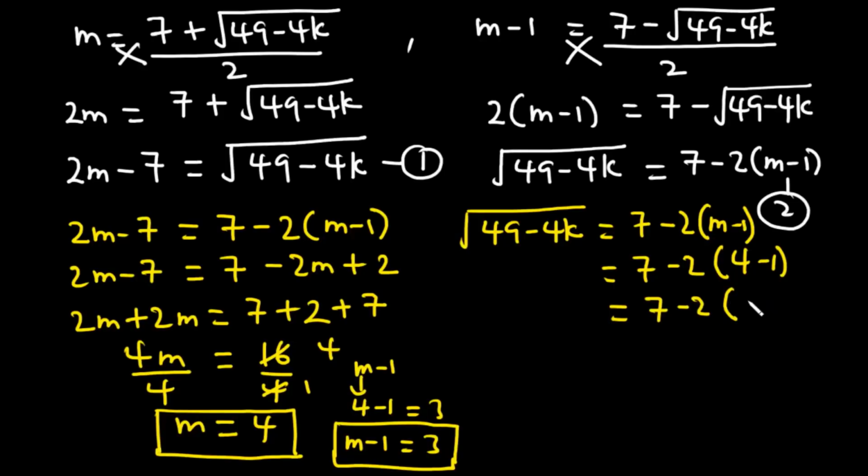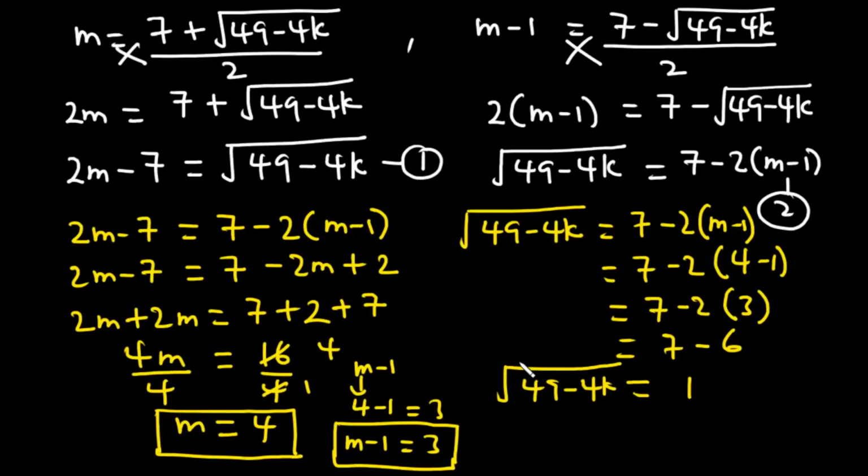Now 4 minus 1 is 3. So we have 7 minus 2 times 3 is 6, and 7 minus 6 is 1. So we have the square root of 49 minus 4k is equal to 1.